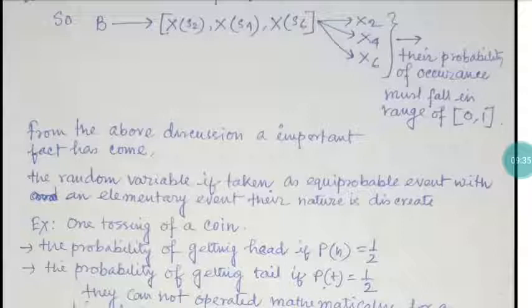Yes, because if you are tossing a coin, if you are tossing a dice, whatever output is coming, it is discrete in nature. So it may be 1/6, it may be 2/6, it may be 3/6, like anything else. It may be anything, but the nature is discrete, so they are not continuous in nature.